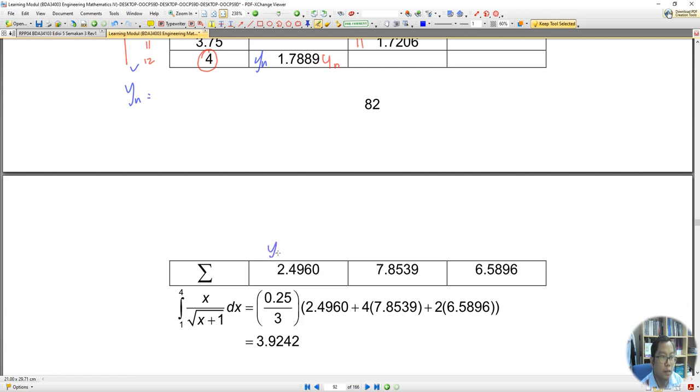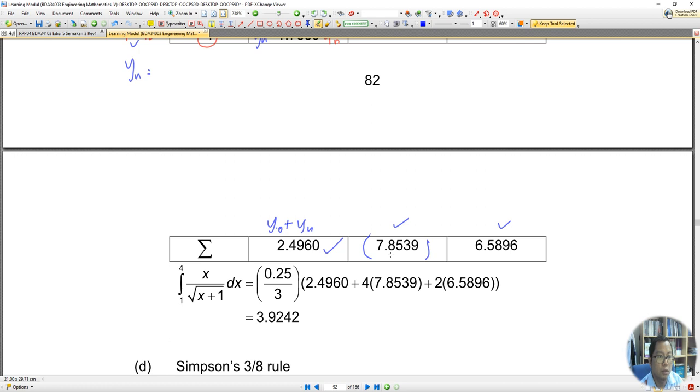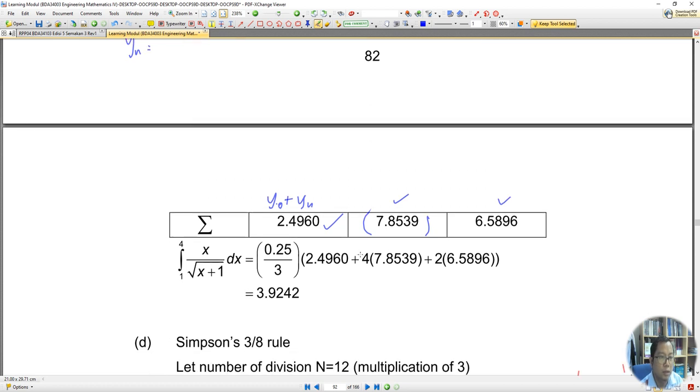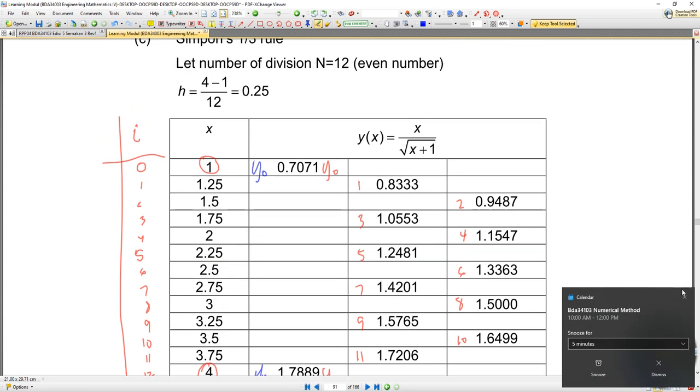This one is y0 plus yn, and then this is the odd number, and then the even number. So all this total value should be multiplied by this number 4, based on this.